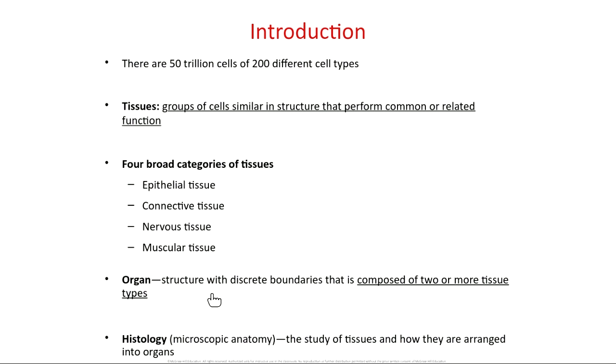And again, a reminder, an organ is defined as something that has a structure composed of at least 2, often more, types of tissue. Histology: the word histo means tissue, so this refers to the study of tissues.